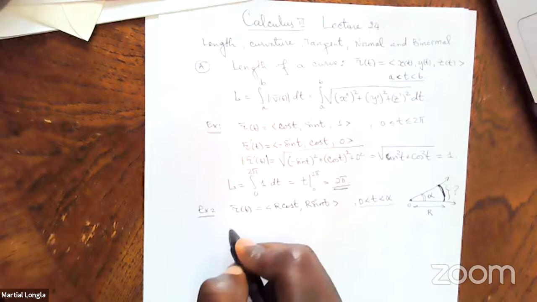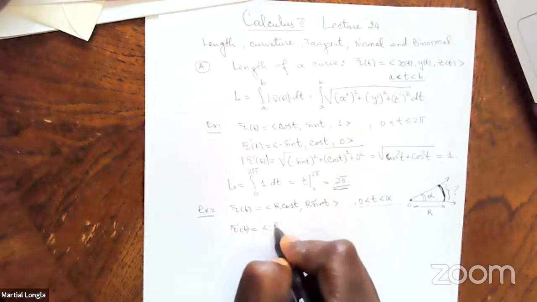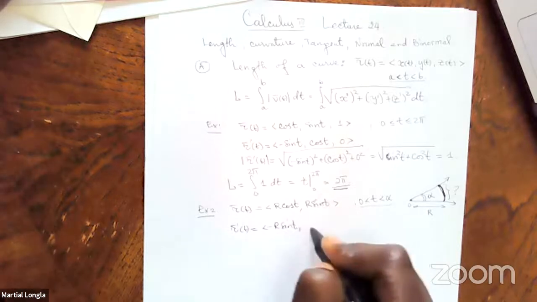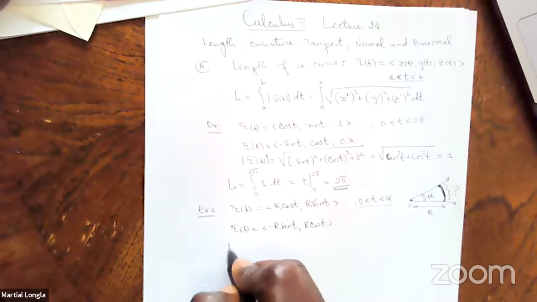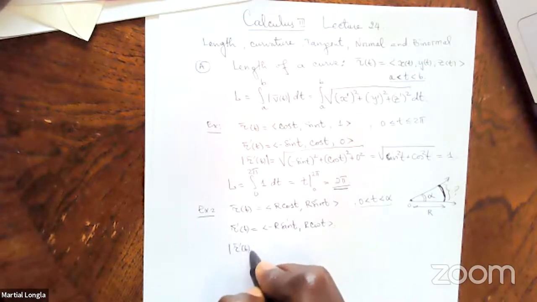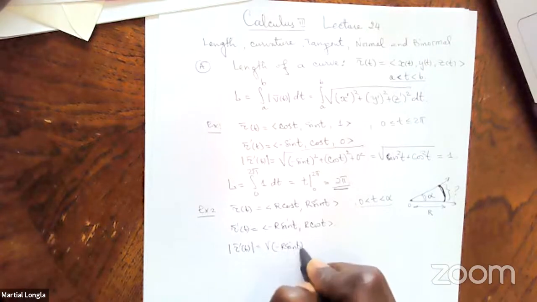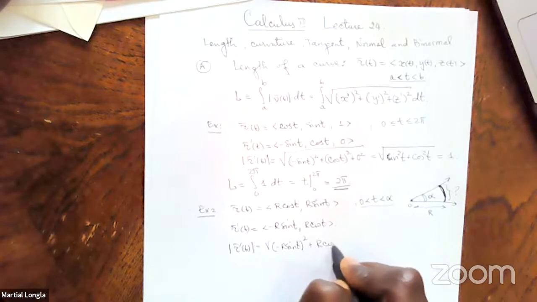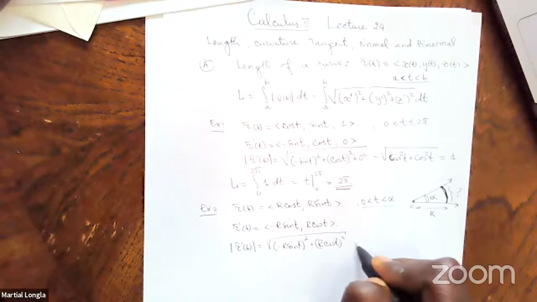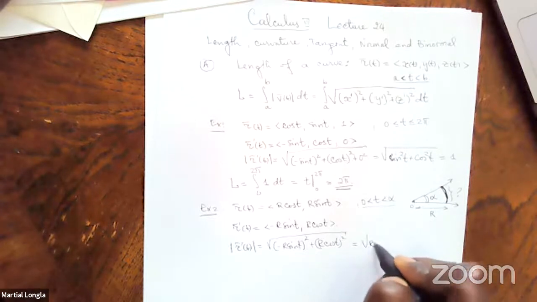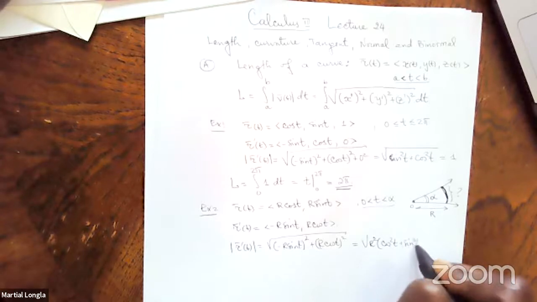And so you would say r prime of t is negative r sine t, r cosine t. The magnitude of r prime of t is the square root of negative r sine t squared plus r cosine t squared, which is equal to the square root of r squared times cosine squared t plus sine squared t.